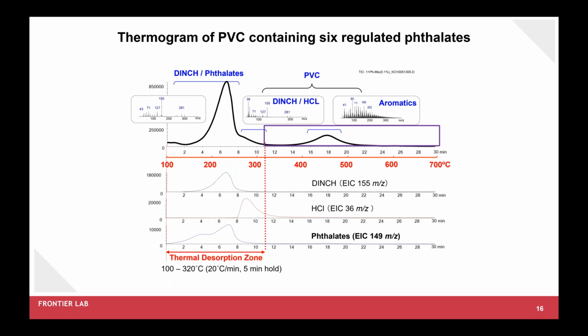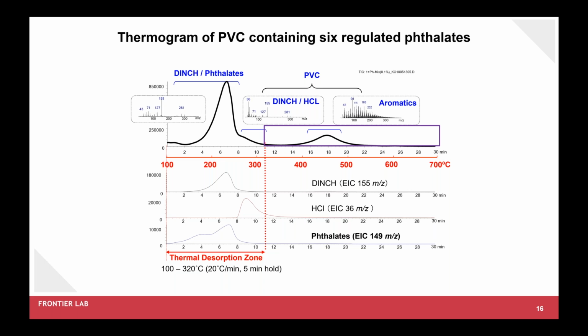Now, in this example, DOA, which is a common plasticizer used in manufacturing of flexible plastic toys, medical devices, or food packaging, actually desorbs along with the phthalates. So to identify and quantify the phthalates in the sample, it is necessary to either chromatographically separate the DOA isomers from the phthalates of interest, or you can use ions that are present in the phthalate mass spectra and not found in the DOA spectra.